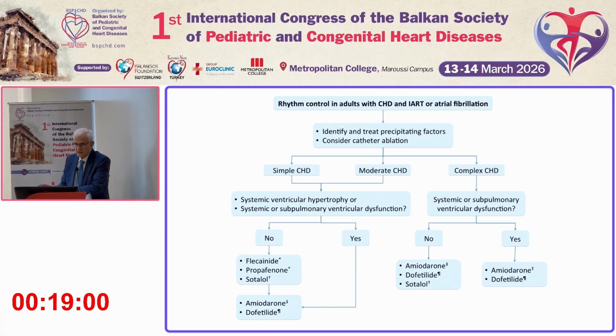If the patient has a simple or moderate type of congenital heart defect, then we look at the ventricular function. If the function is okay, then we can use almost every type of medication, starting with the simplest one like flecainide, propafenone, sotalol, and then moving on, if necessary, to amiodarone or dofetilide.